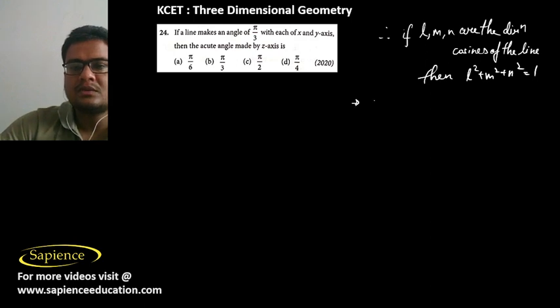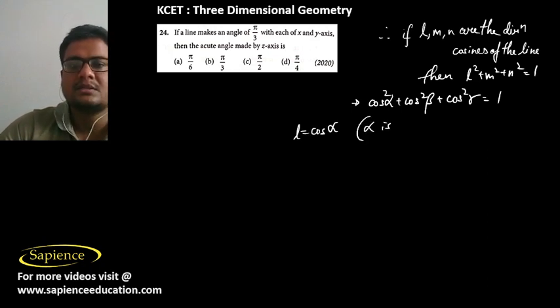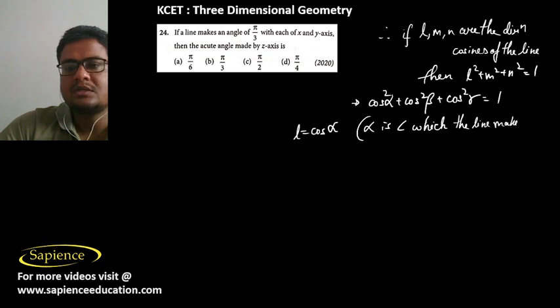And l is what? Cos alpha. So cos square alpha plus cos square beta plus cos square gamma is equal to 1, where l is equal to cos alpha, where alpha is the angle which the line makes with the positive x axis.